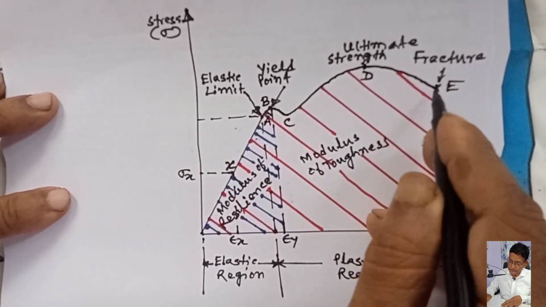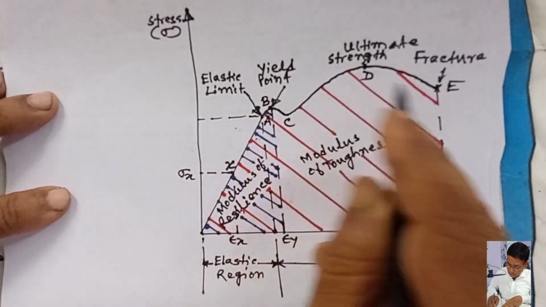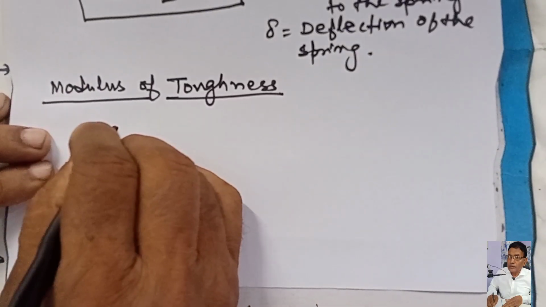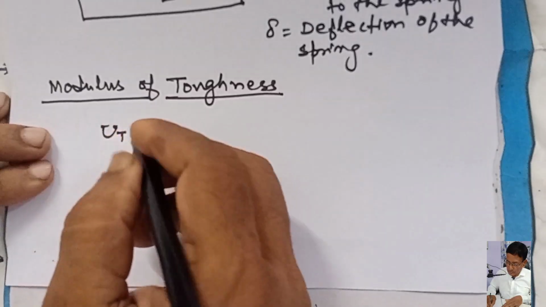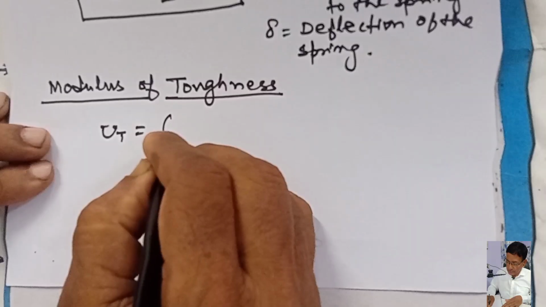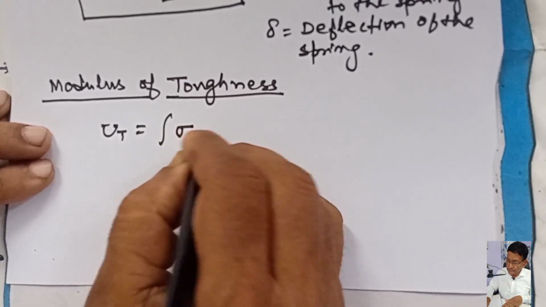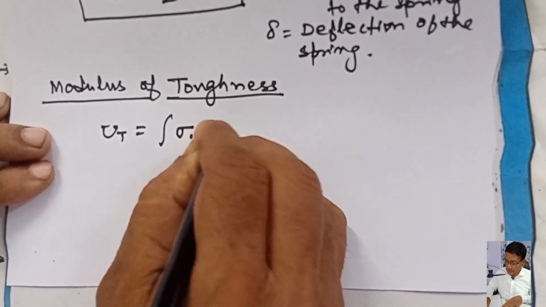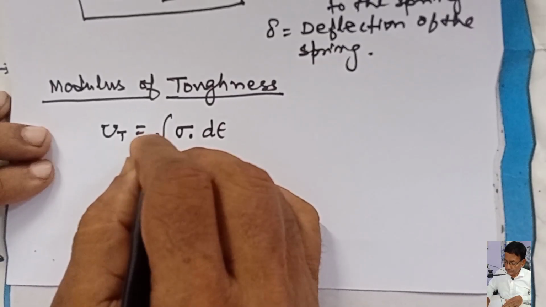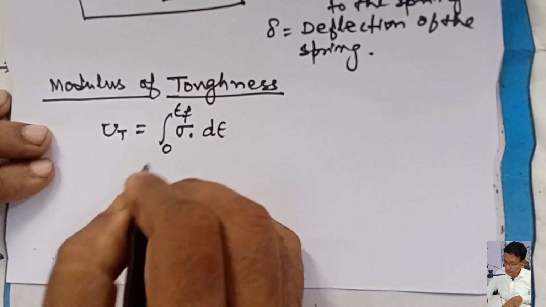The total area up to the point of fracture under this stress strain curve is modulus of toughness. So we can write modulus of toughness UT is equal to integration of sigma into d epsilon. Limit is epsilon fracture and 0.